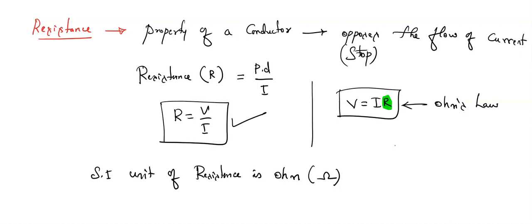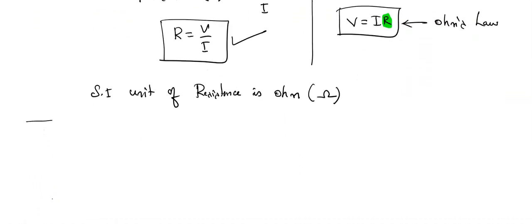Now the question is, they may ask you to define ohm or what is ohm. See children, these are all interconnected and interrelated with each other. I think the concept is interesting for you all.